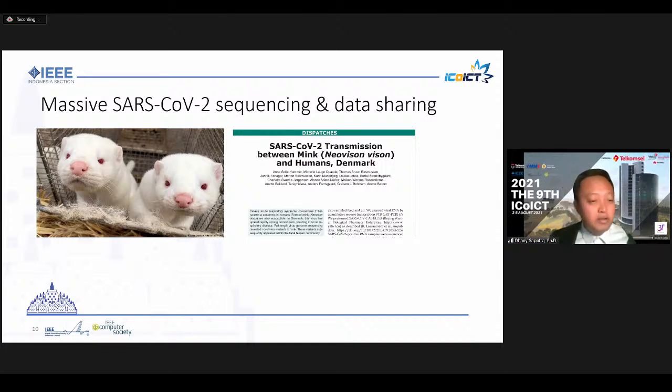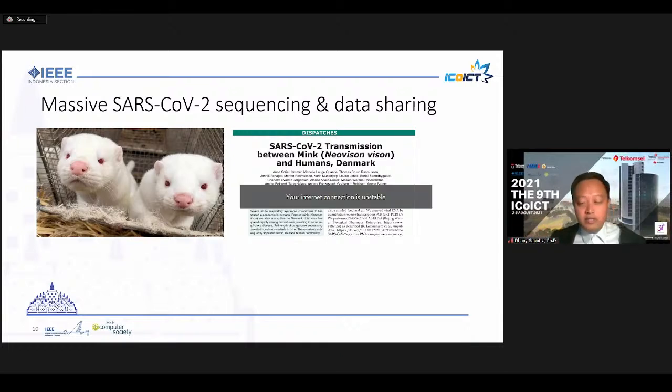We know it's from the UK because in the UK and in Denmark the sequencing is extensive, so the variant was called alpha, and then everybody in the other countries followed.